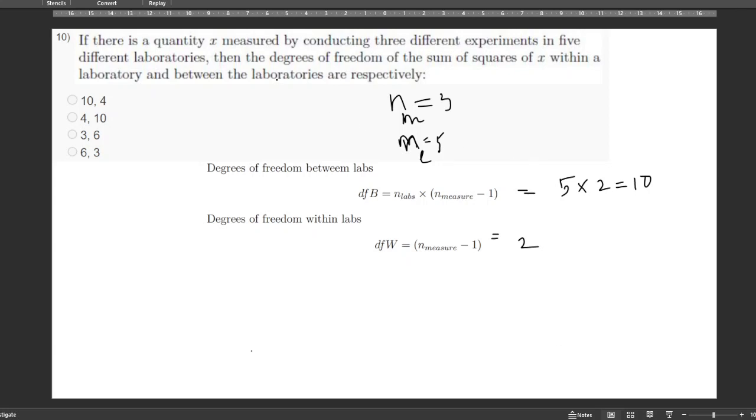They take it in the opposite sense. The quantity is measured by conducting 3 different experiments in 5 different laboratories.